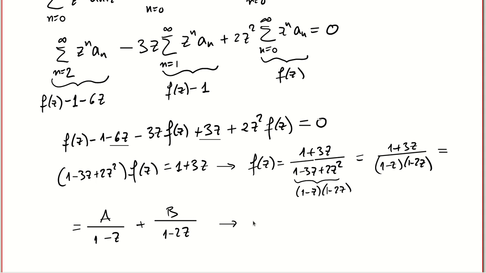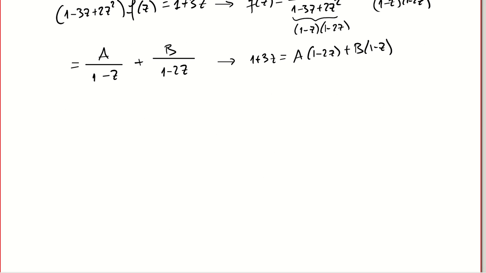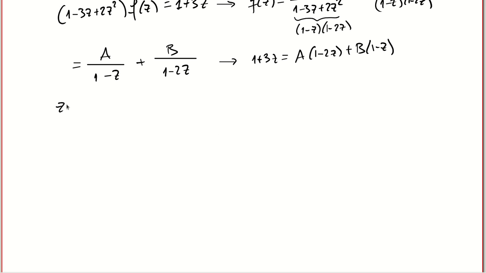So after multiplying by the denominator, 1 plus 3z is equal to a times 1 minus 2z plus b times 1 minus z. Now, as usual, we give values to z, so take z equal to 1. If we do that, these terms cancel, so we have 4 here equal to, after making 1 here, this is negative 1, so this is minus a.